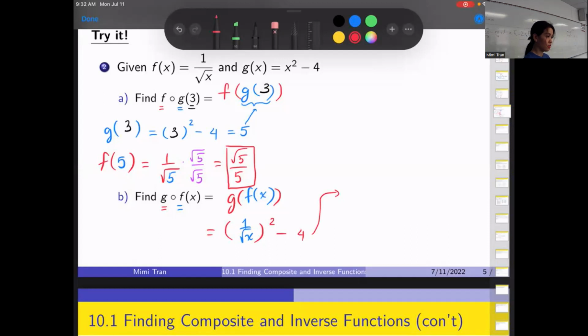Yeah, 1 over X minus 4. I'll leave it like that. It's fine. You don't have to do anything else. Yeah, it's good enough. You don't have to do the common denominator.